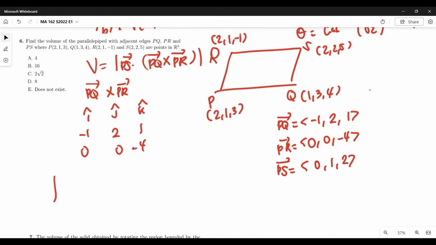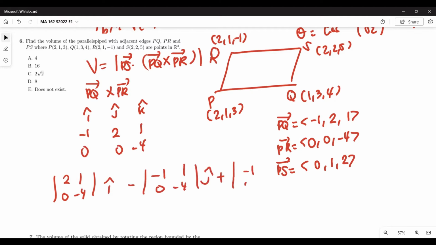If you do the cross product, this becomes i times (2 times -4 minus 1 times 0), minus j times (-1 times -4 minus 1 times 0), plus k times (-1 times 0 minus 2 times 0). So this will be just 0k, and -8i minus 4j. So this becomes -8, -4, and 0. So that's our PQ and PR cross product.